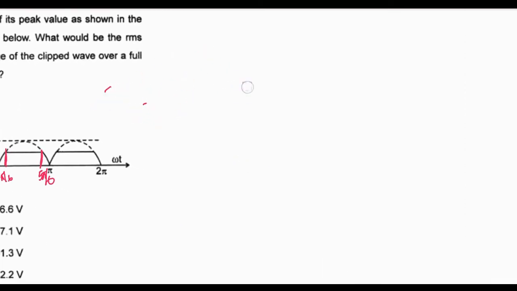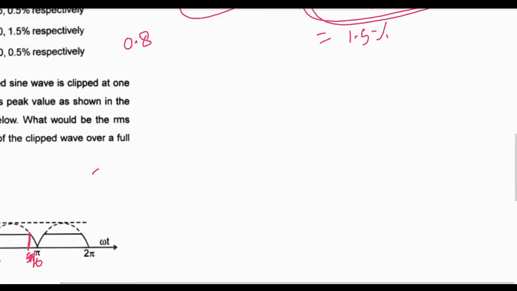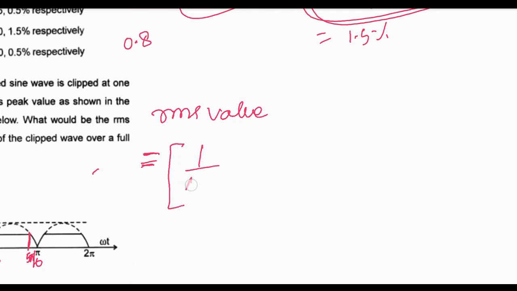RMS formula is root of mean of square, that means 1 by pi by 6, this is for the averaging or the mean value, integral from 0 to pi by 6 of 100 square sin square theta d theta.